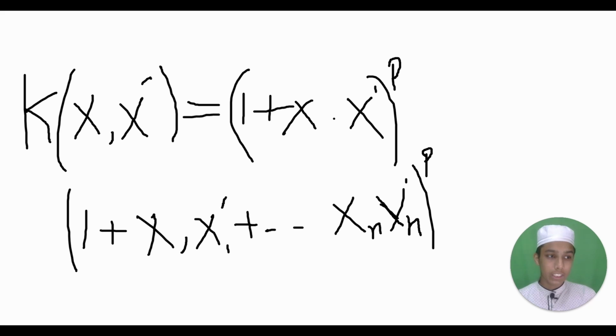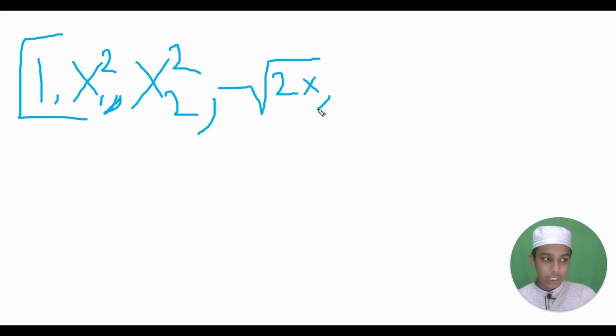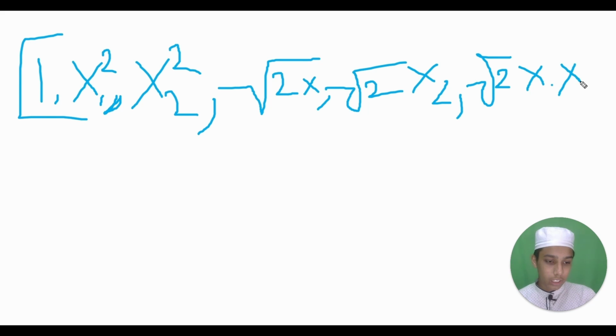Now if we calculate this all out, then our new vectors which correspond to the z space vectors would be something like 1 comma x1 square comma x2 square, then comma root 2 x1, comma root 2 x2, and then root 2 x1 into x2.